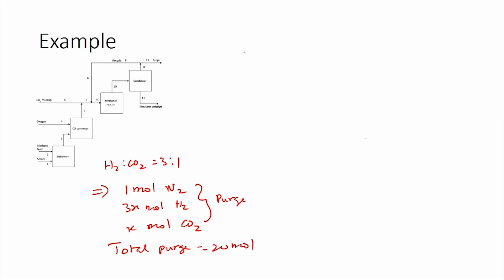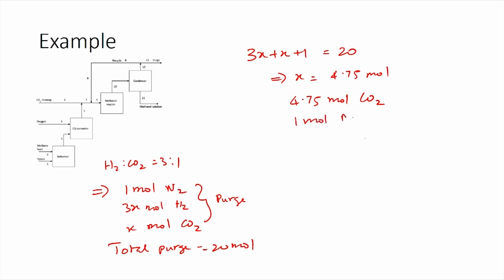So, what we can do is 3x plus x plus 1, which is the total number of moles of the purge stream, is equal to 20, giving you x as 4.75 moles. So, the purge stream contains 4.75 moles of carbon dioxide, 1 mole of nitrogen and 14.25 moles of hydrogen. So, based on this, we have calculated 14.25 moles of hydrogen is being purged in this process.